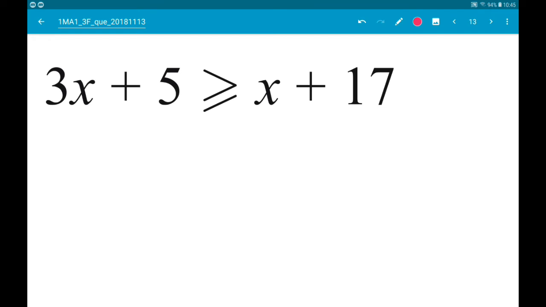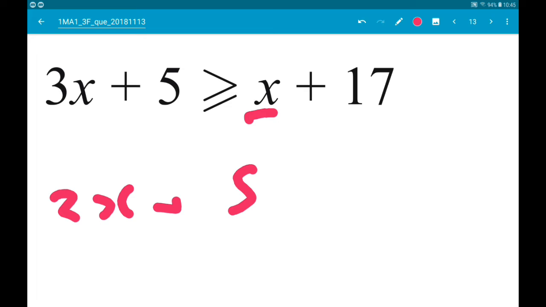So we want to get it so that there's only one x term throughout this whole thing. So I'm going to move this x. Now it's positive x, so to get rid of it, I subtract x from both sides. So on the left, I'm now going to have 2x + 5 is greater than or equal to 17.